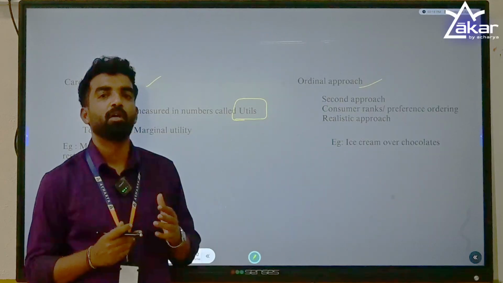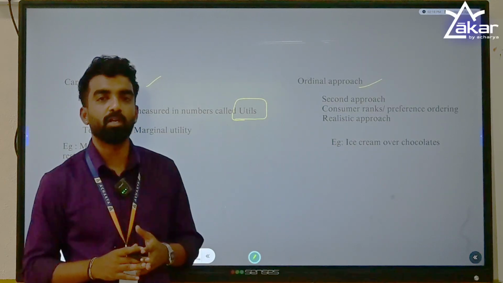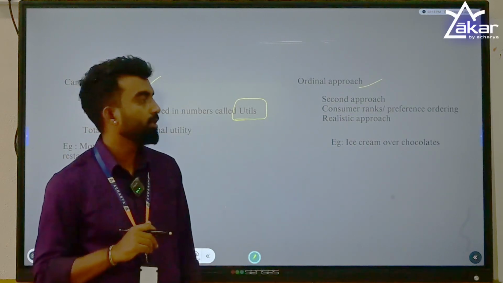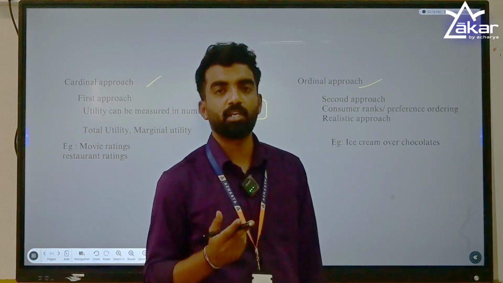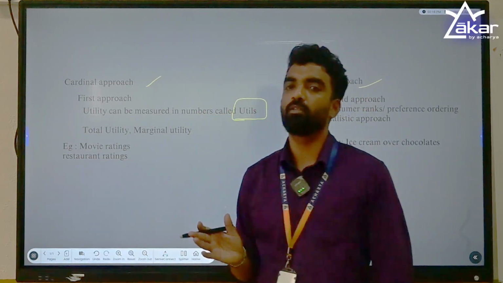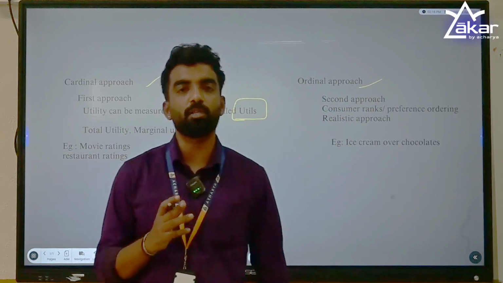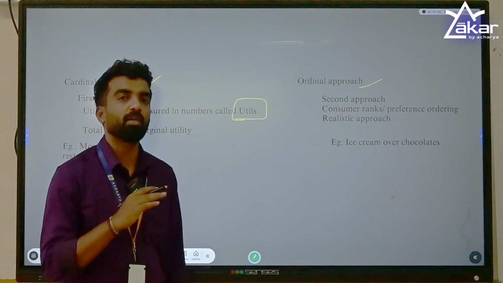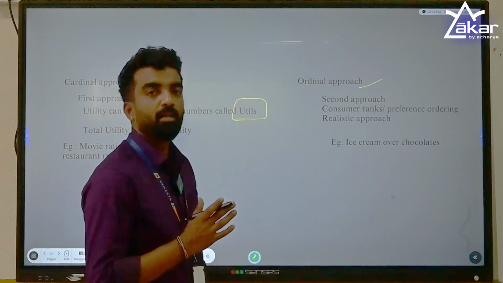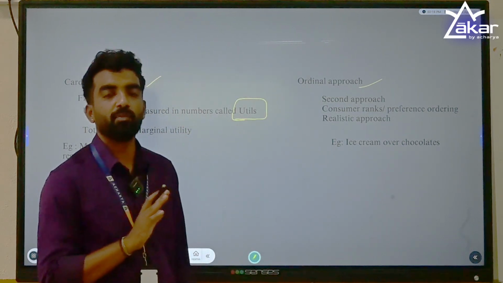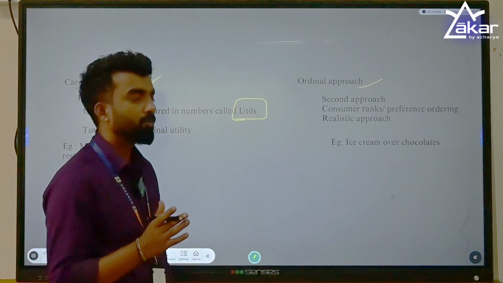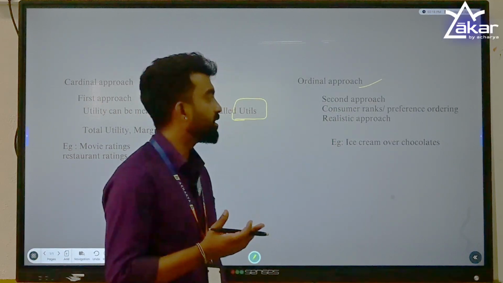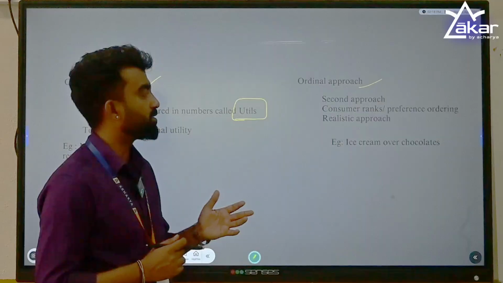If I give you two commodities like ice cream and chocolate and tell you to make one choice, then if you like ice cream, you say I will prefer ice cream over chocolate, or if you are a lover of chocolate, you say I will prefer chocolate over ice cream. So this shows preferences. Here the consumer is not giving any numerical value to express his satisfaction. He is just giving a preference.